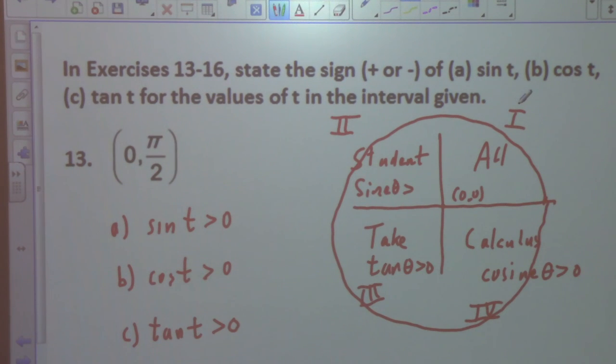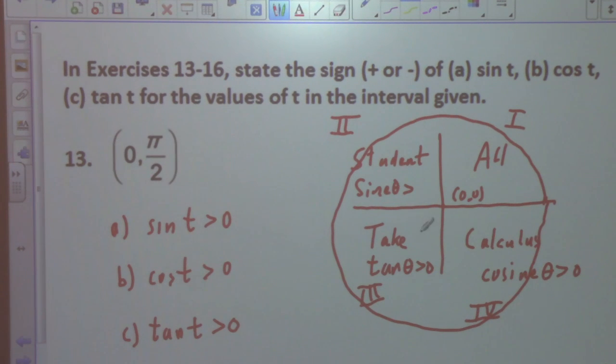And what happens in quadrant 2? Well, you have 2 pi over 3, 3 pi over 4, 5 pi over 6, then pi. If you go down to the third quadrant, you have 7 pi over 6, 5 pi over 4, 4 pi over 3, and then 3 pi over 2.